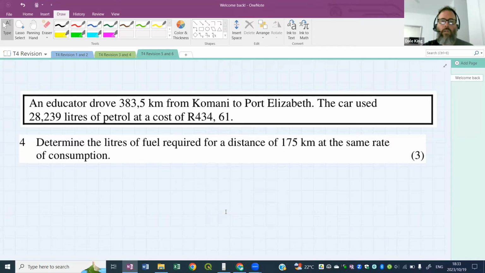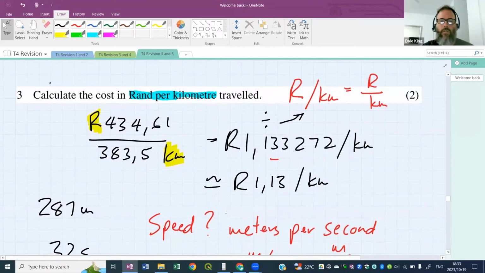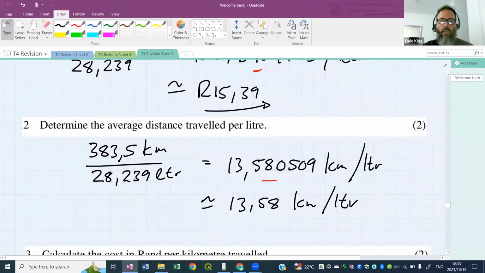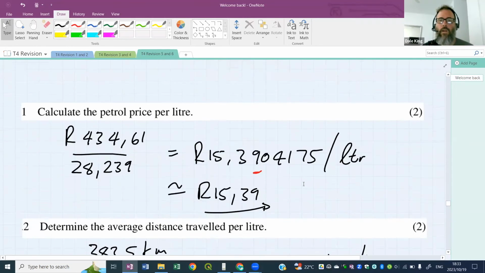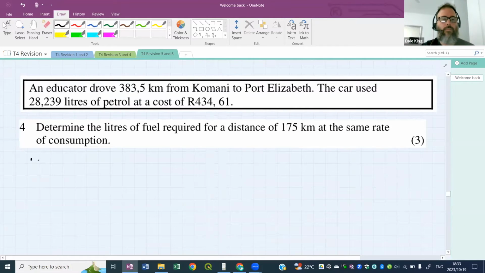Didn't we work that out somewhere? We've got kilometers per liter. You travel 13.58 kilometers for every 1 liter. I'll write that up here.